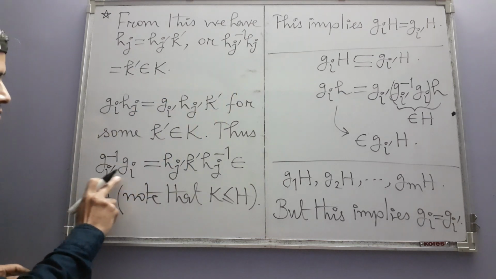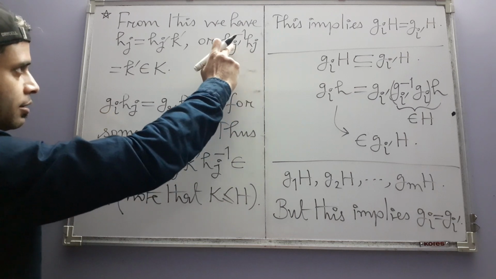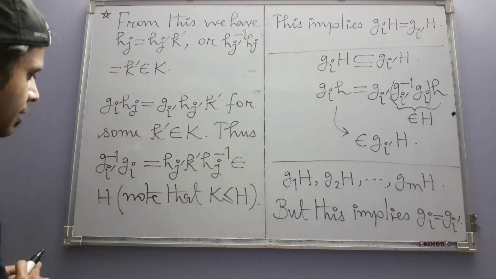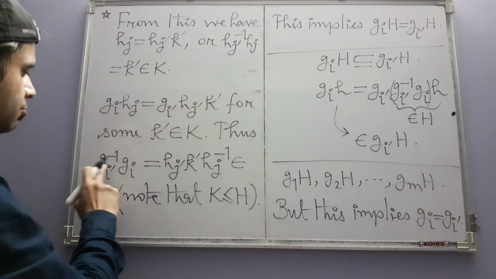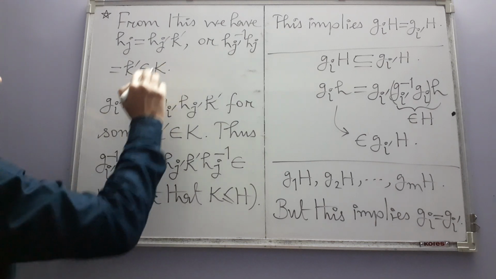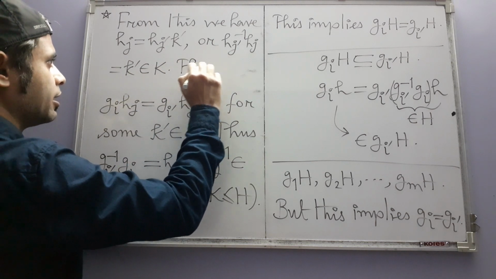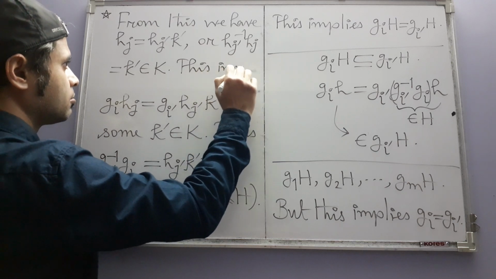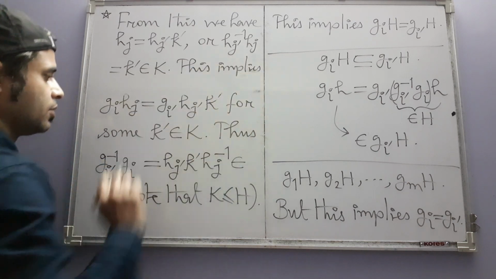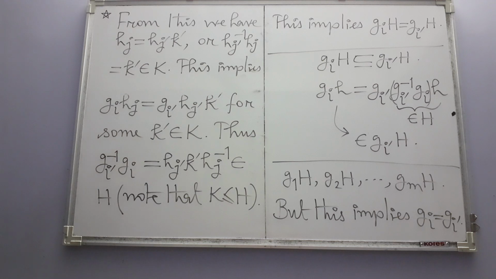You see, in place of i, now we have j prime, here we had i prime, and there in place of H we have K. That's it. So just like that, this also implies, now we can get rid of this.